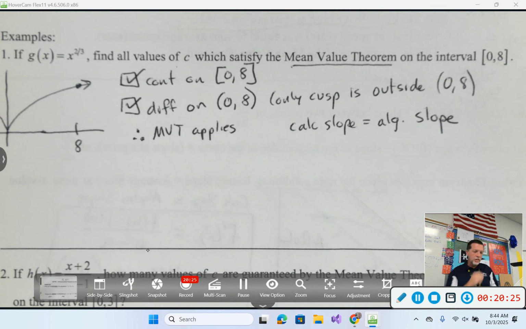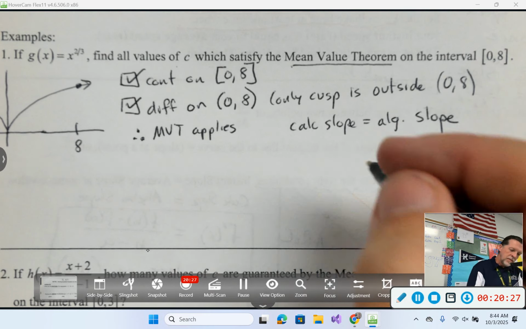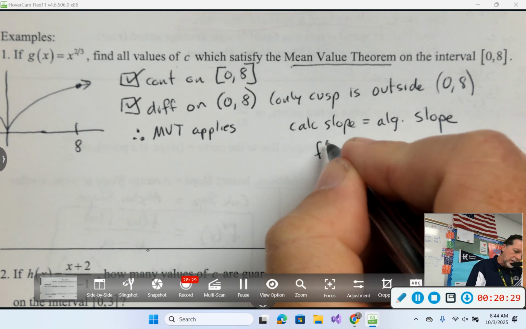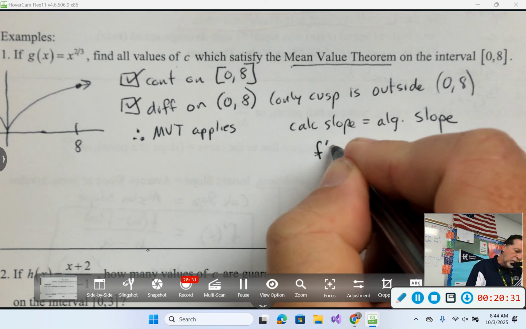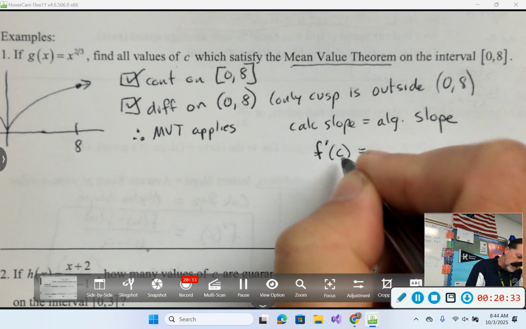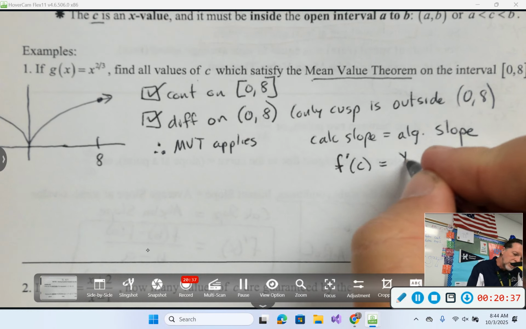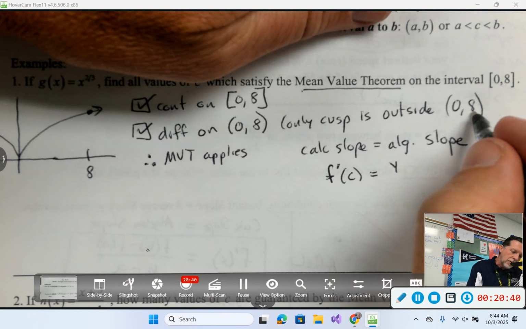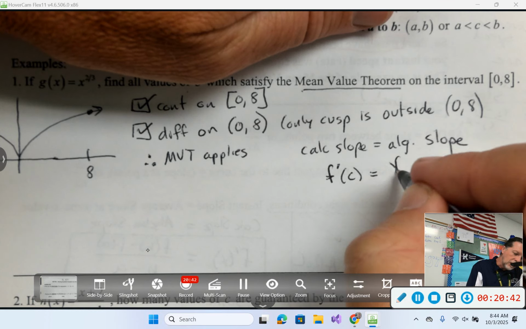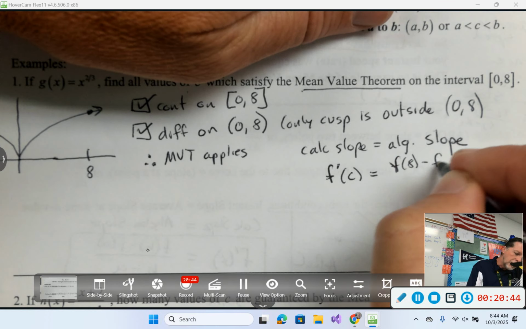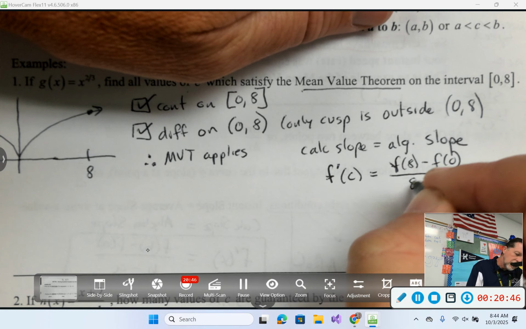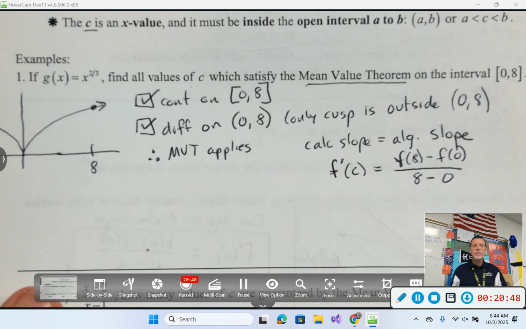MVT means calculus slope equals algebra slope. So the next line would be f prime of c, somewhere, that's what we're looking for, is equal to f of 8 minus f of 0 over 8 minus 0.